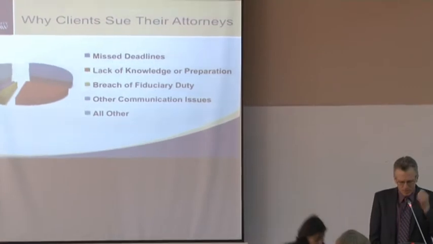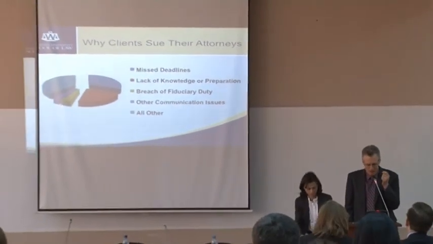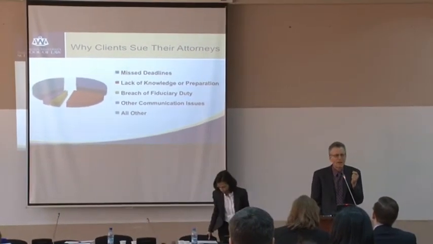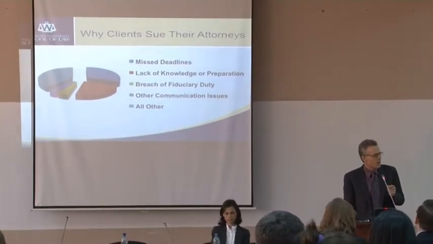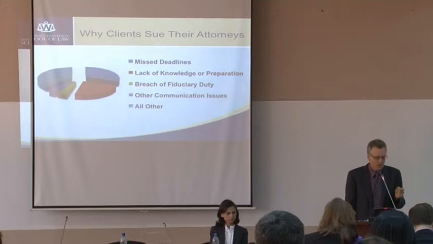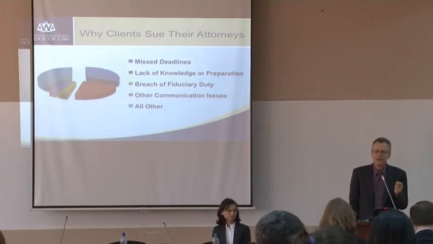You can see in this chart, we're talking most frequently about missed deadlines, that lawyers don't complete their work on time. That's about 30% of claims. About 22% of claims are that the lawyers don't know their stuff. They either didn't prepare or they don't know what they need to know to practice the law.